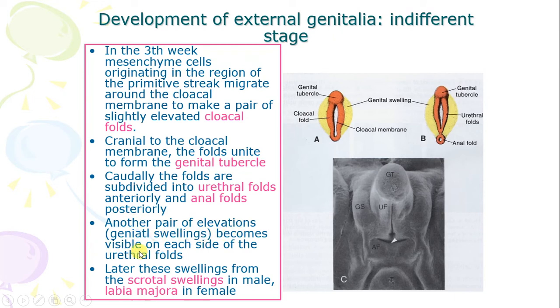Another pair of elevations appears on each side of the urethral fold. Later, these swellings form the scrotal swellings in the male and the labial swellings in the female, the labia majora.